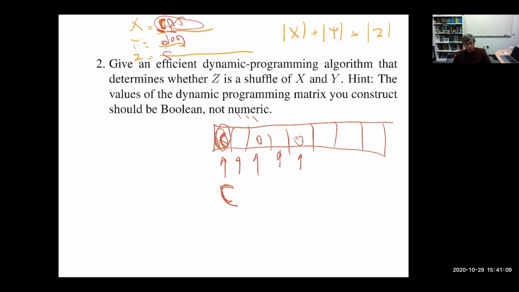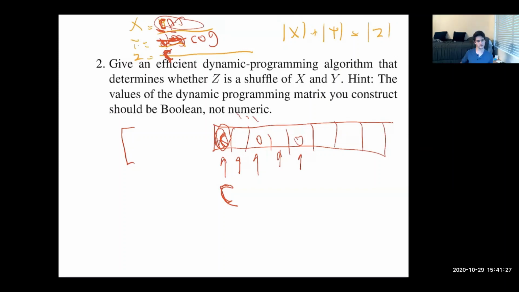What if I have two things that begin with C, let's say it's cat and cog. Now, if Z begins with a C, which C should I use? The first one? The answer is no, because it turned out that Z began like this with CO.